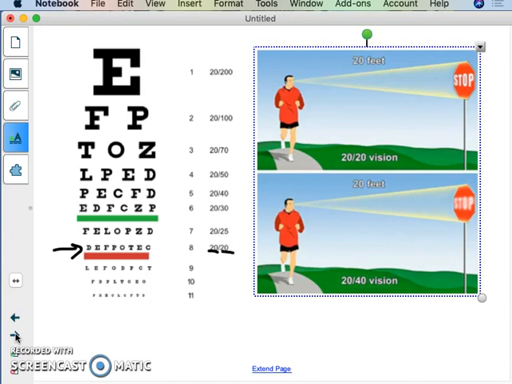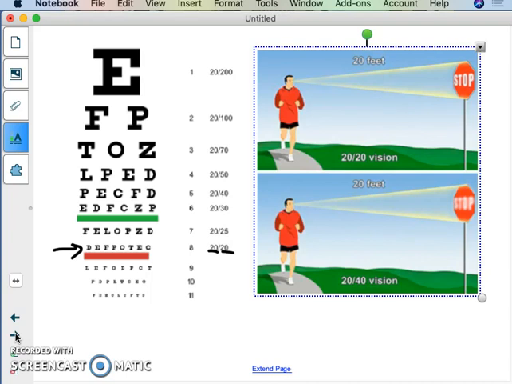If you cannot see far away, if you're nearsighted, you will start having this vision. So with this 20/40, he can see something 20 feet away that a normal person would see from 40 feet away.